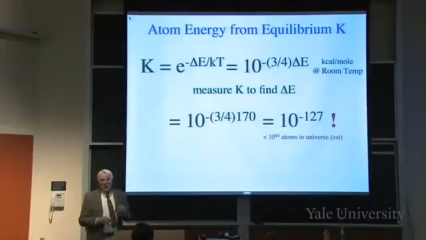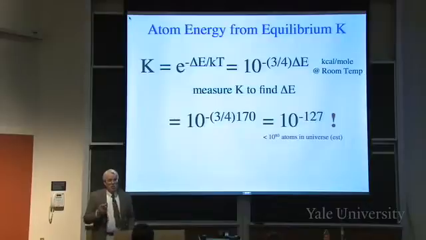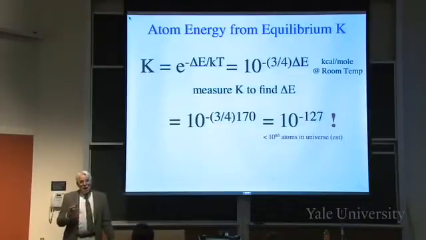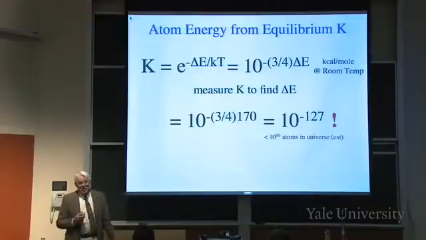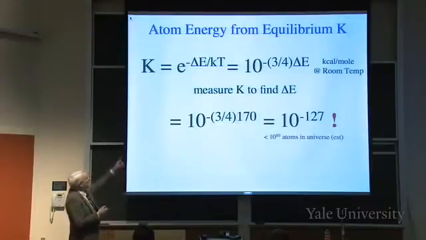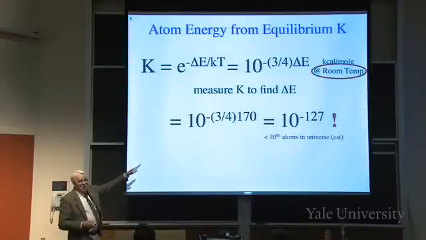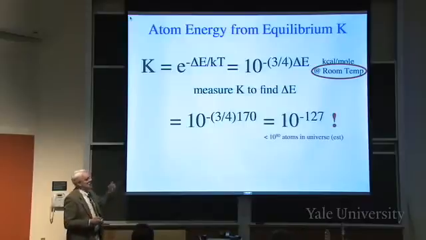What could you do about it if you wanted to measure the equilibrium constant and in that way get the energy difference? Any knobs you can twist? Lucas? Temperature. You can increase the temperature, right? Because it's delta E over kT, and remember we're talking about room temperature. So if we went much higher than room temperature, then the exponent gets much smaller.